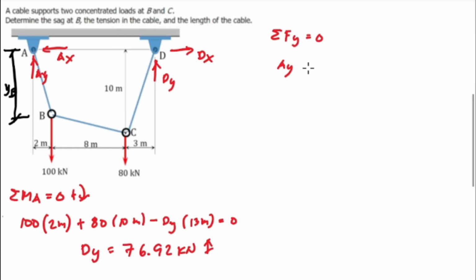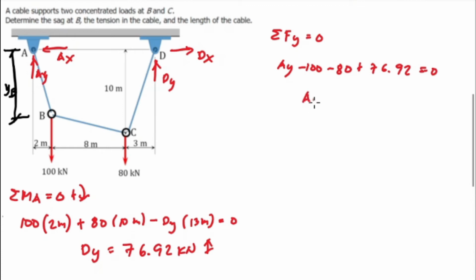At point B, we have 100 downward, so negative 100. At point C, we have 80 downward, or negative 80. Next, D sub Y is upward, and its value is 76.92, so positive 76.92, and equate that to 0.